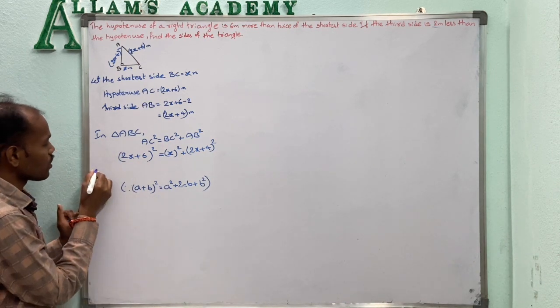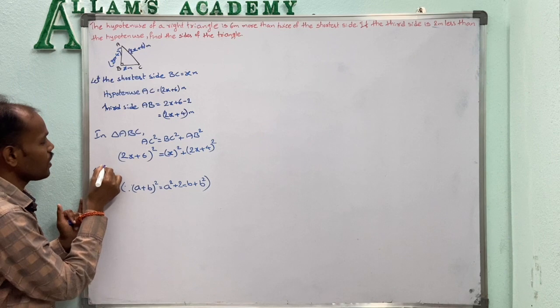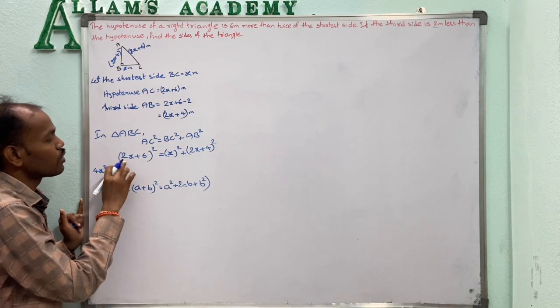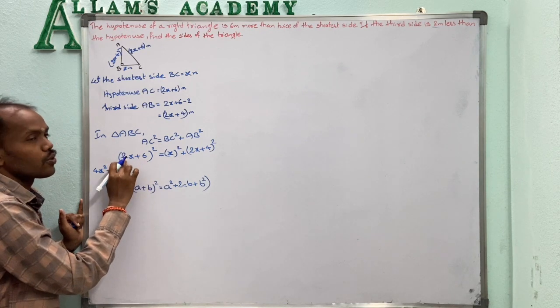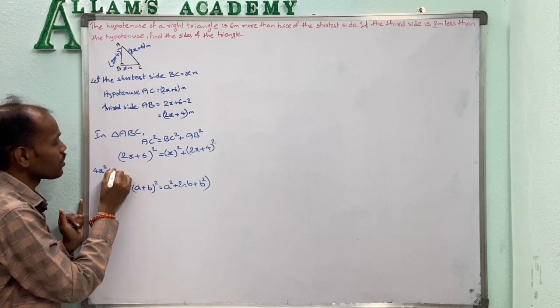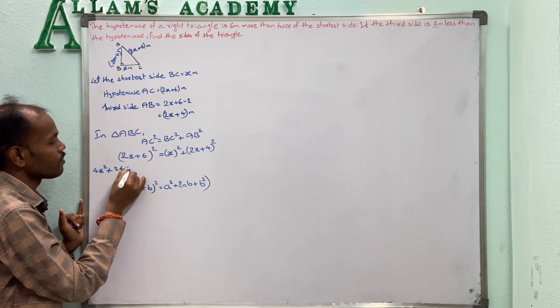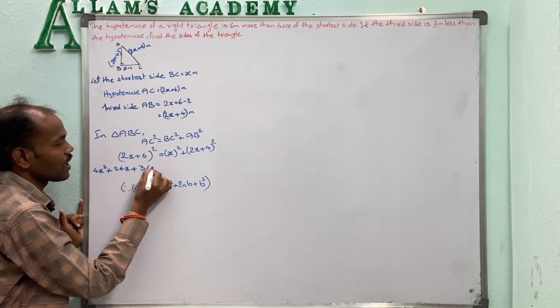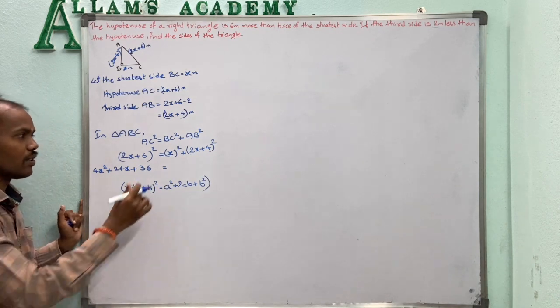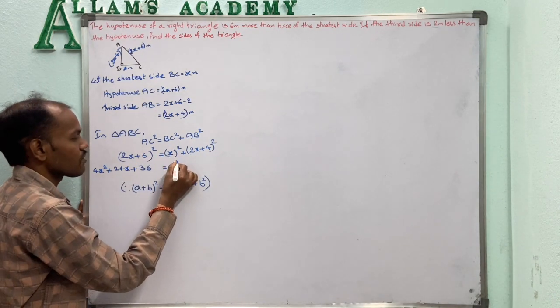So (2x) whole square means 4x square, plus 2ab, 2 into 2x into 6, that is 24x, plus b square, 6 square equals 36. And x whole square means x square only.